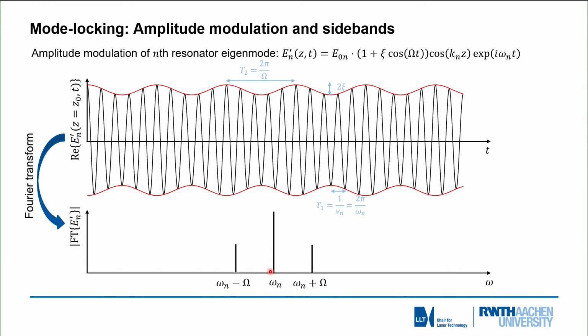So we will have sidebands to the main frequency which are separated to the main frequency by the modulation frequency. And the important characteristic of these sidebands is, of course, that they are in phase with the original mode.